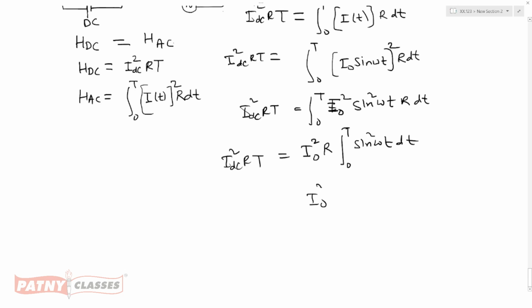Here sin square omega t can be written as 1 minus cos 2 omega t upon 2, because of the trigonometry formula sin square theta equals 1 minus cos 2 theta upon 2.